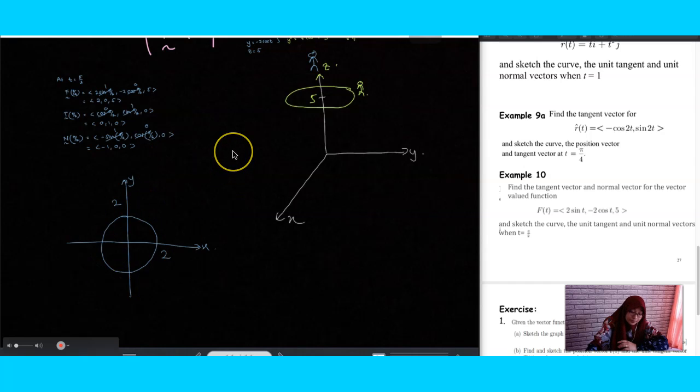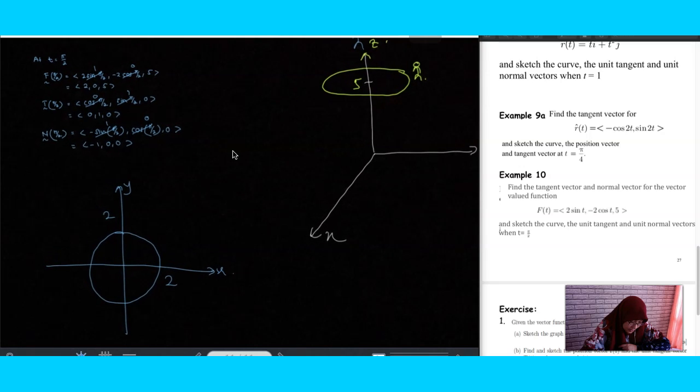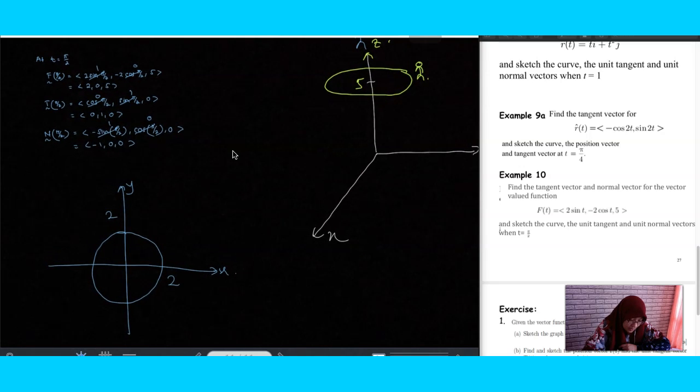Okay, so now for sketching the position vector. The position vector is (2, 0, 5). So where is it? x is 2, y is 0, so you are here. And this always happens when z equals 5.